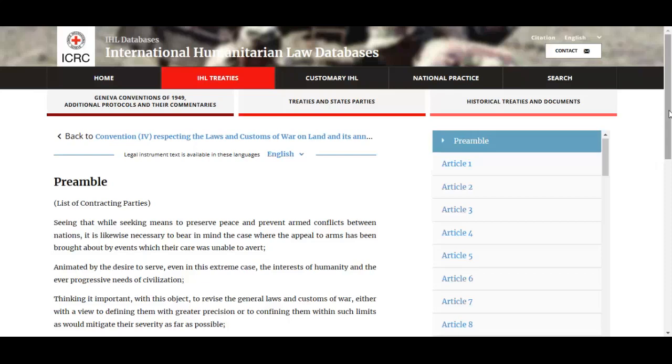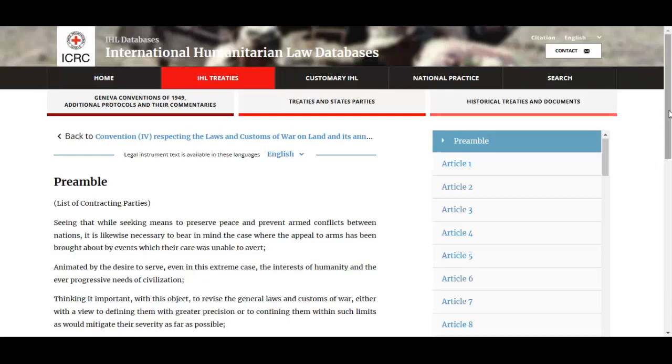Australian Treaty Series 1910, number 8. Copyright Commonwealth of Australia 1999. I don't know how you copyright a treaty, but anyway. International Convention Concerning the Laws and Customs of War on Land.